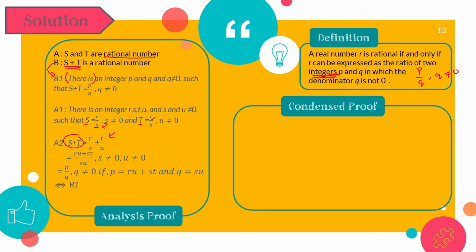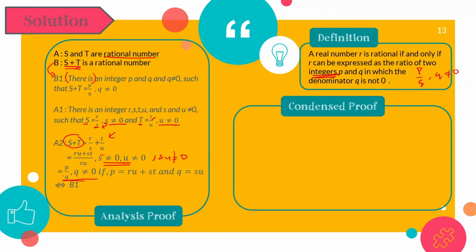So s plus t is equal to r over s plus t over u. Simplifying this, you get (ru plus st) over su. From here we have s not equal to 0 and u not equal to 0, thus su will not equal 0. We stated it here: p over q, q not equal to 0.